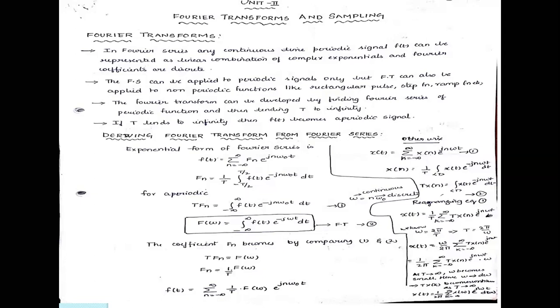In Fourier series, any continuous time periodic signal f of t can be represented as a linear combination of complex exponentials, and the Fourier coefficients are discrete.